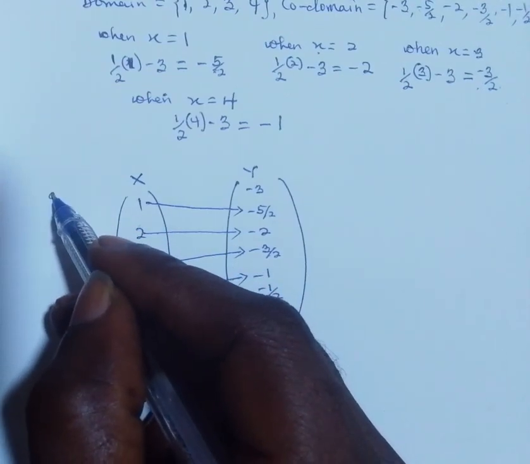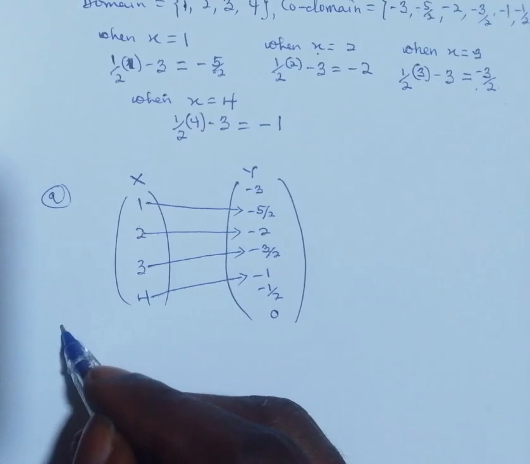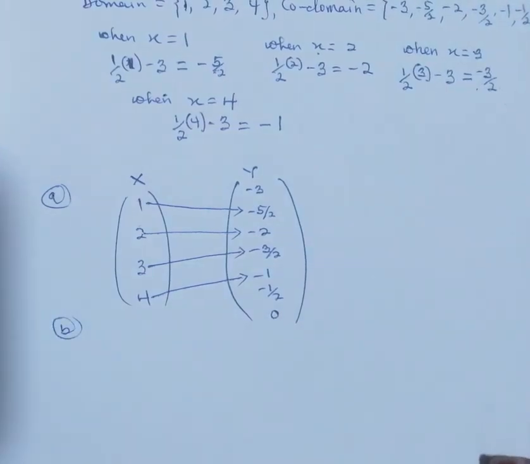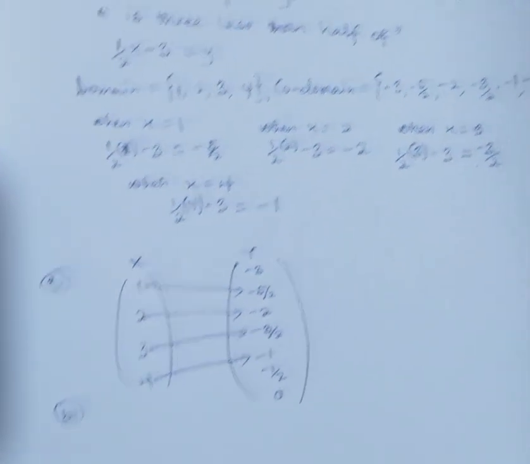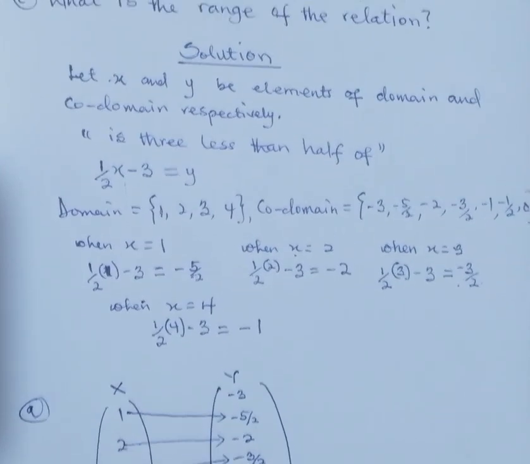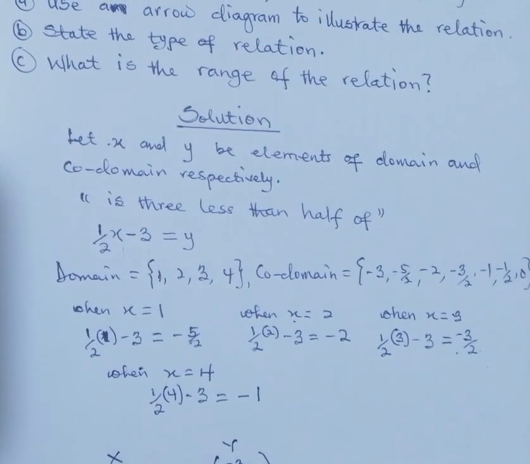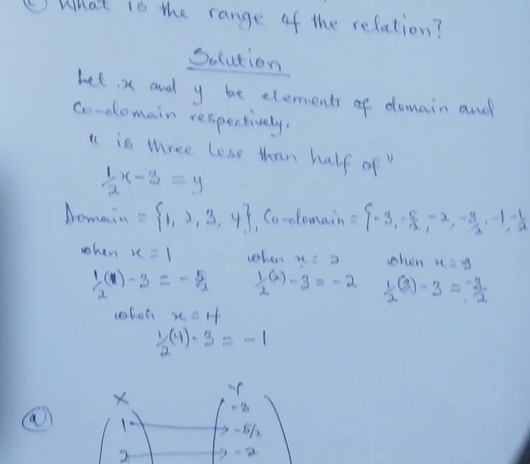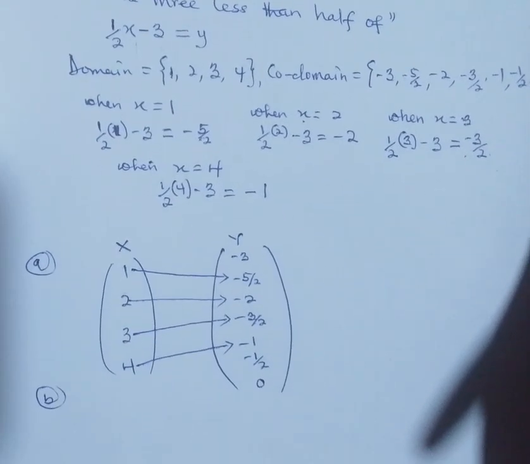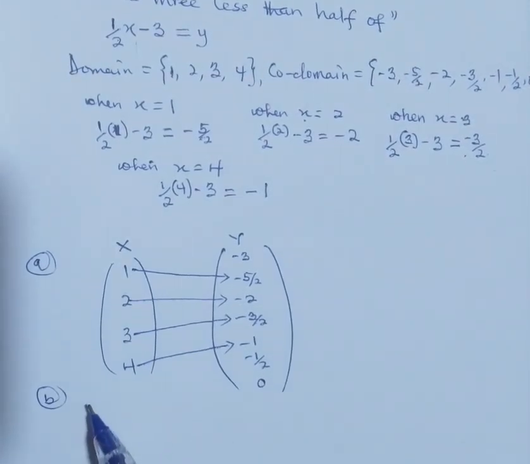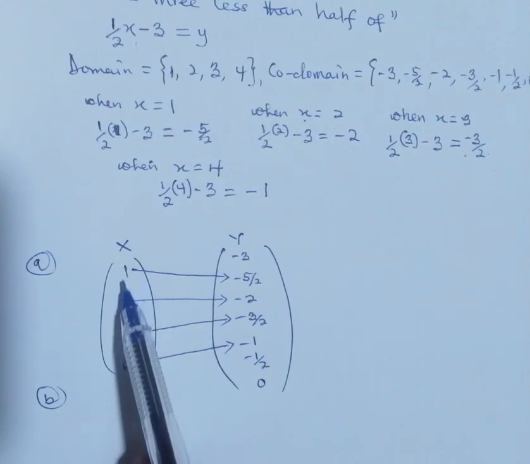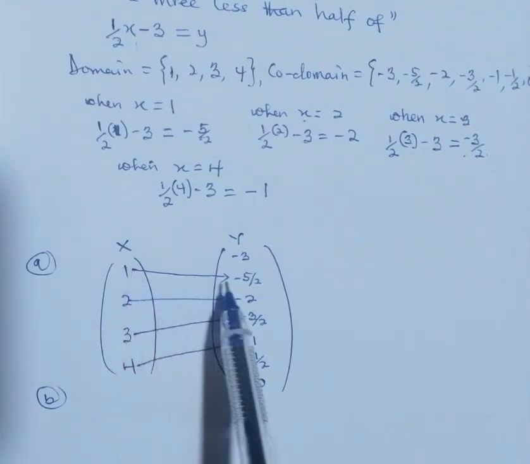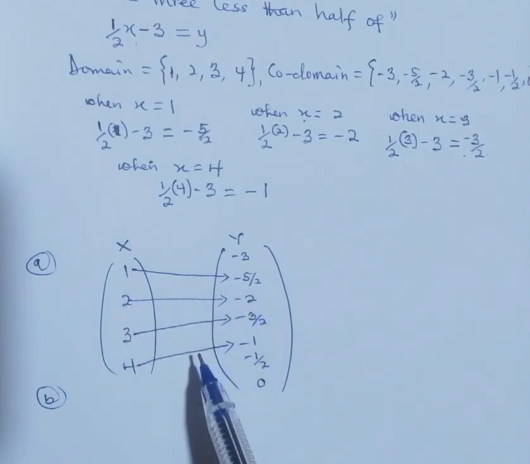That is the A part. Now let's look at the B part. What does the B part say? The B part says we should state the type of relation. So looking at the arrow diagram, you can tell straight away that each element in the domain maps onto only one element in the codomain.